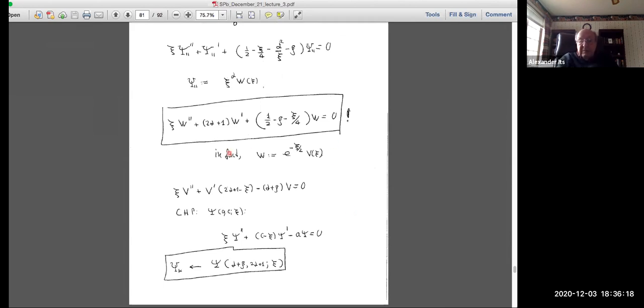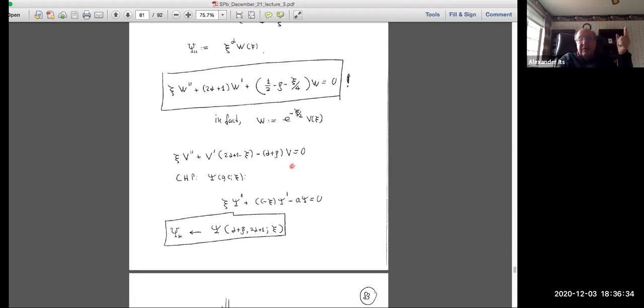I can apply the Laplace method, which is not really that important. Of course, I can, because this is a system that is very easily classified. Making this change of variables, I arrive at the standard confluent hypergeometric equation.